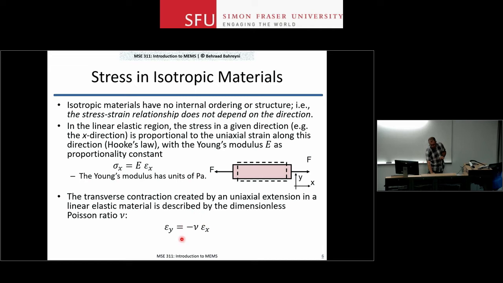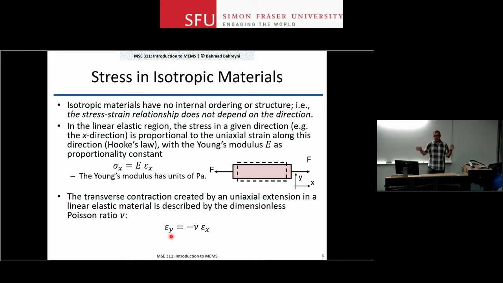How much? Well, that dependence between the strain in x and y directions is specified through this coefficient here, nu, Poisson's ratio. And what we have here is that the strain in the y direction is linearly proportional to the strain in x direction. So if I make it longer here, I will have a proportional amount of reduction in that width.